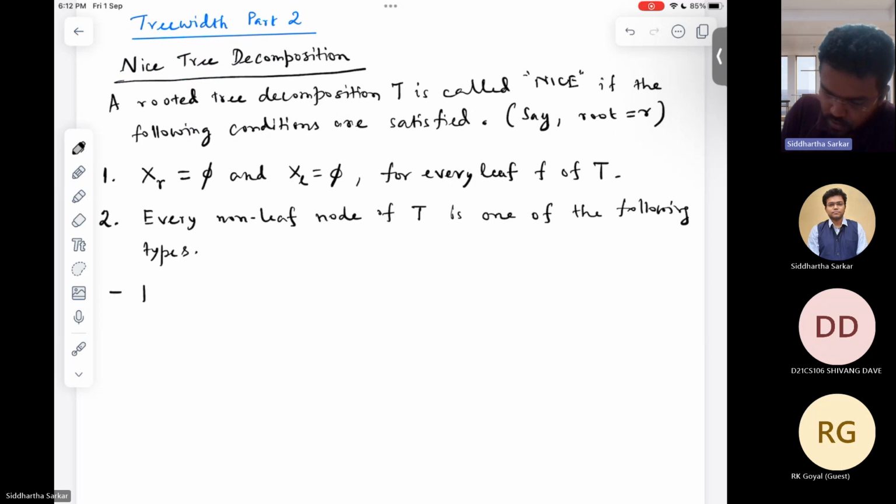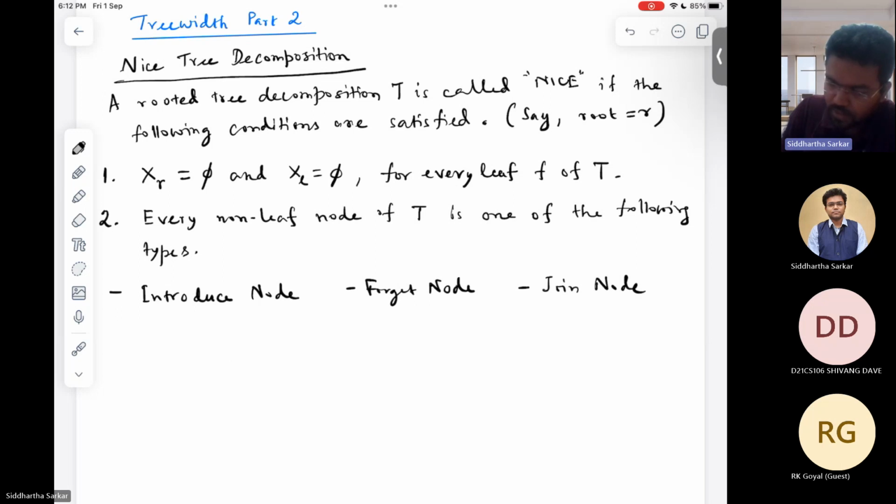The first one is an introduced node. The second one is a forget node. And the third one is a join node. I will pictorially represent what these types are. Of course, you can look at the book and look up the formal definitions.